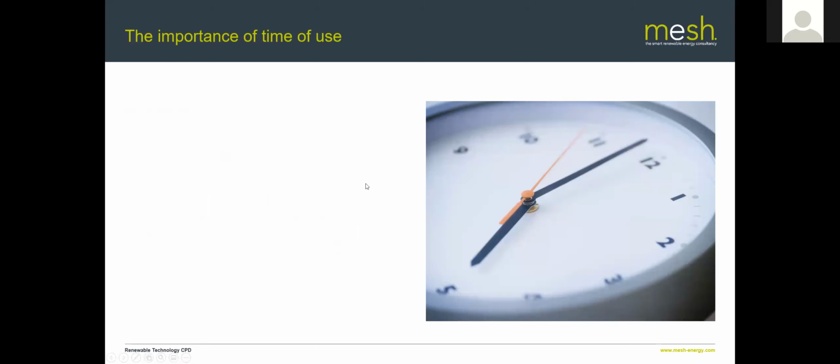And then the last bit I'm going to touch on in this section is the importance of time of use. As we know, electricity doesn't cost the same at different times of day in wholesale values. So although you might pay a flat rate for your electricity at home of maybe typically 15 pence per kilowatt hour, the actual wholesale cost of that electricity varies throughout the day from a few pence at the really off-peak times, up to significantly more than 15 pence at the very, very highest peak times.